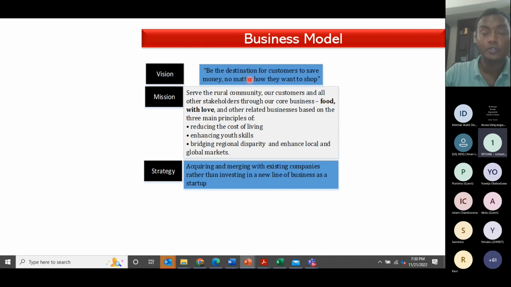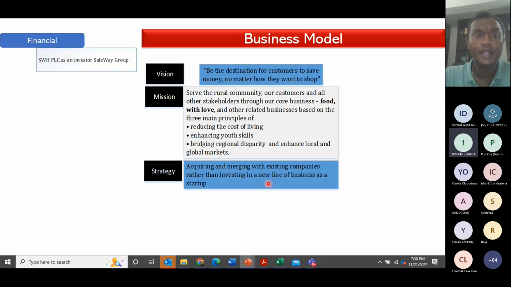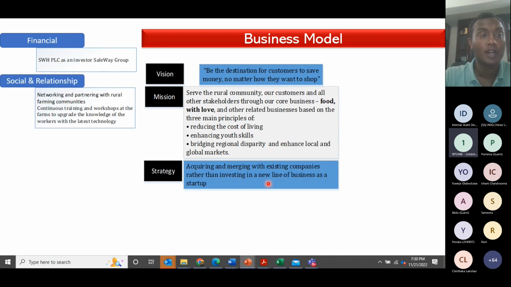Of course, their vision is also very much connected: be the destination for customers to save money, no matter how they want to shop, right? Now, strategy, acquiring and merging, as I told you, but there's a big change after 2017 that we discussed. And now see this one, this company, the SWH PLC, is the main investor, right? Safeway Group. So they are like the shareholder pumping money.